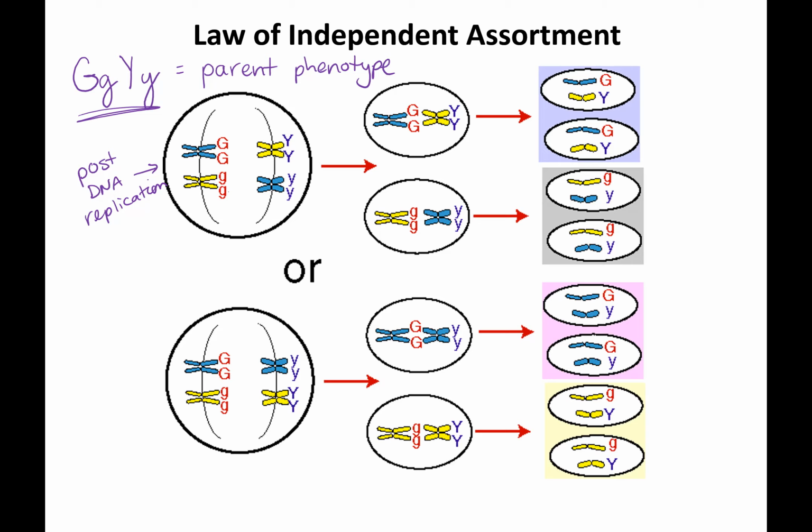What this is trying to show you is that when the chromosomes line up for meiosis, you can get any combination of chromosomes. So you could get a blue and a yellow, as long as you have a G and a Y, or you could have the blues stay together and the yellows stay together. What's important is each gamete has one of each allele.